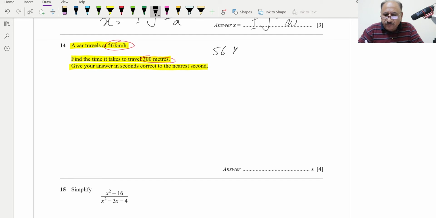So 56 kilometers per hour will be like this one. Now we can change kilometers into meters by multiplying it with 1000. Now it will become meters, and it will be multiplied by 60 and again by 60 to get seconds.